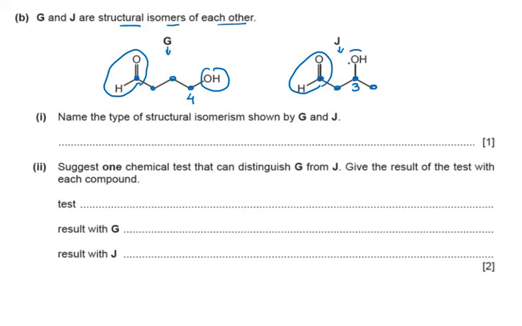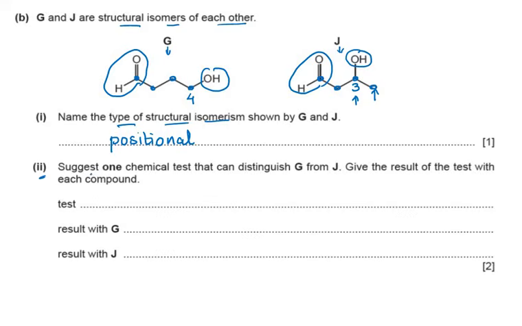The OH functional group is still the same, but the position of the alcohol group changed from the 4th carbon to the 3rd carbon. So the type of structural isomerism shown by G and J is positional isomerism.